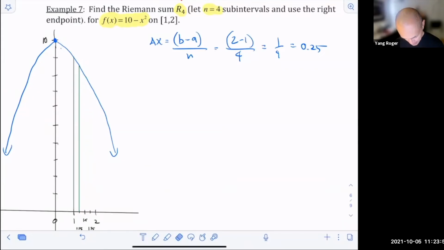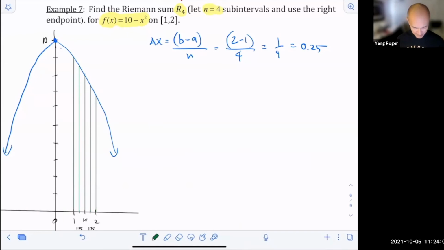No, it didn't work. Oh, that's not bad. For me, those lines actually look parallel. It's like a miracle.